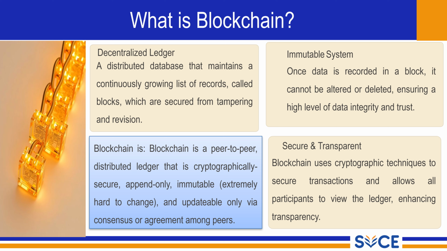The nodes compete to solve complex mathematical puzzles. The first one to solve the puzzle gets to add the new block to the chain and is rewarded. This process is resource intensive and secures the network by making it costly to attack.